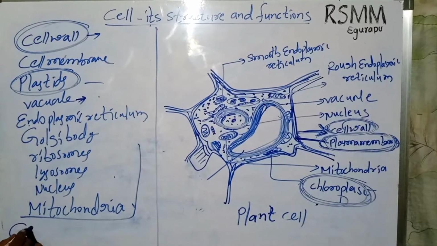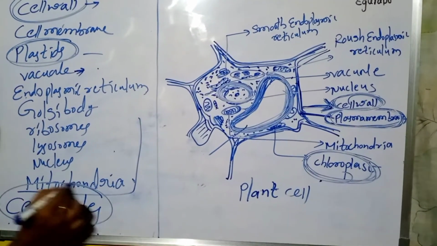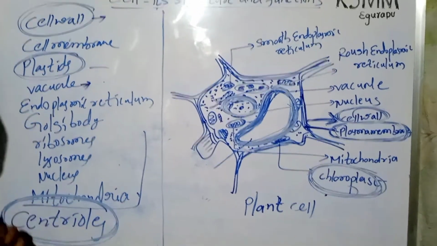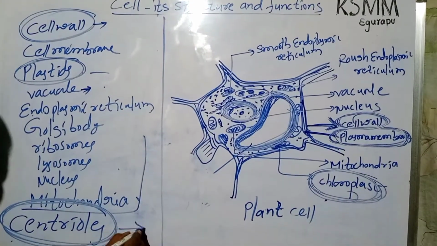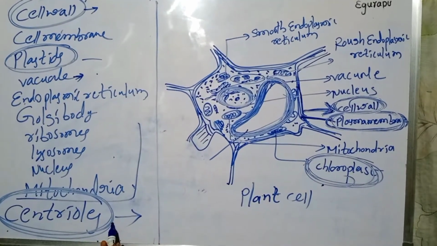Now I am going to talk about centrioles. We can see the structure in the animal cell, once see our previous video. These centrioles are present in animal cell.